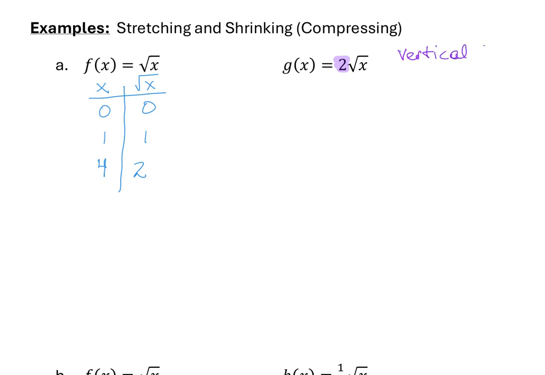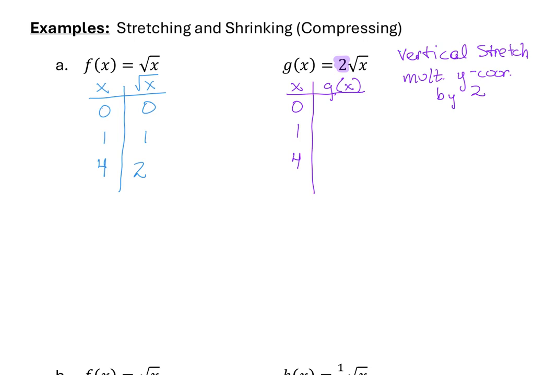We are multiplying, which means that this is a stretch, and we want to multiply our y coordinates by 2. Notice that there is nothing inside my square root. We'll get to that later. And so what that means is my x values stay the same. We still have x is 0, 1, and 4.